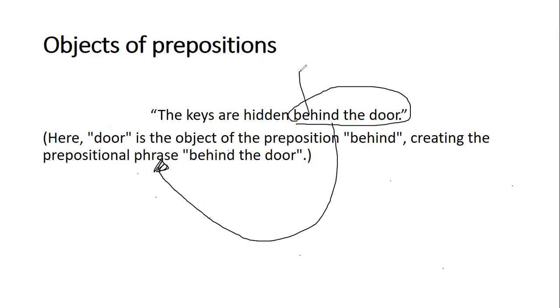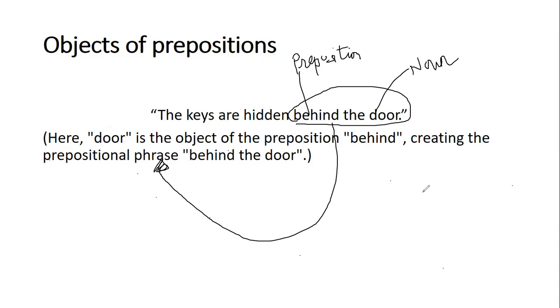Because what is the preposition? Behind is the preposition. What is the noun which is related to this preposition? The noun is door, right? So what does the prepositional phrase have? It has a preposition and a noun. Preposition is behind. Door is the noun.